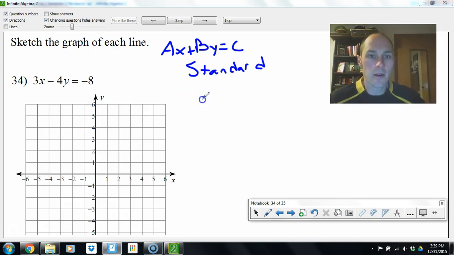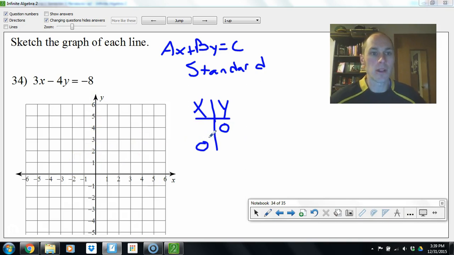So let's talk about how we find the intercepts first of all. I know for my x-intercept, my y is 0, and for my y-intercept, my x-coordinate is 0. So if I plug 0 into those and solve for the other variable, I can find my intercepts.